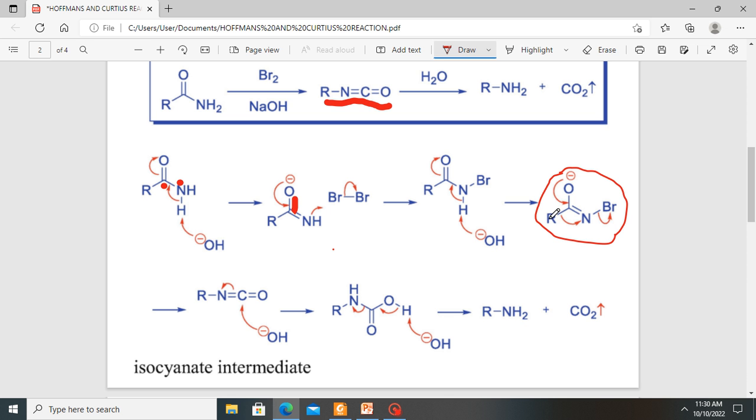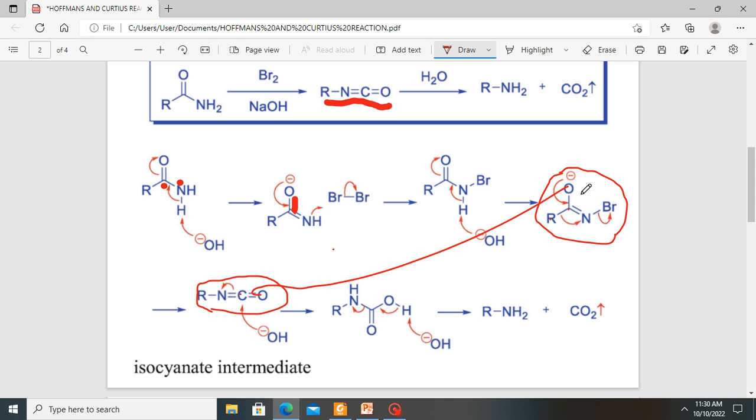So we have this R group bonded to nitrogen as shown here. Then this nitrogen is bonded to this carbon, and then this carbon is bonded to this oxygen as shown here. So this compound is what we call an isocyanate.